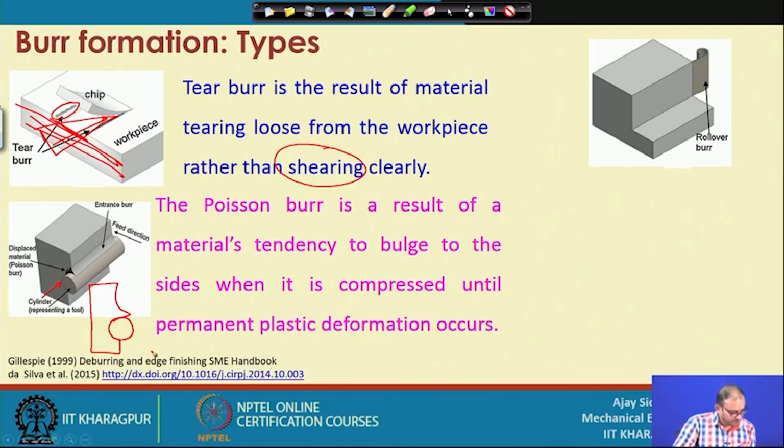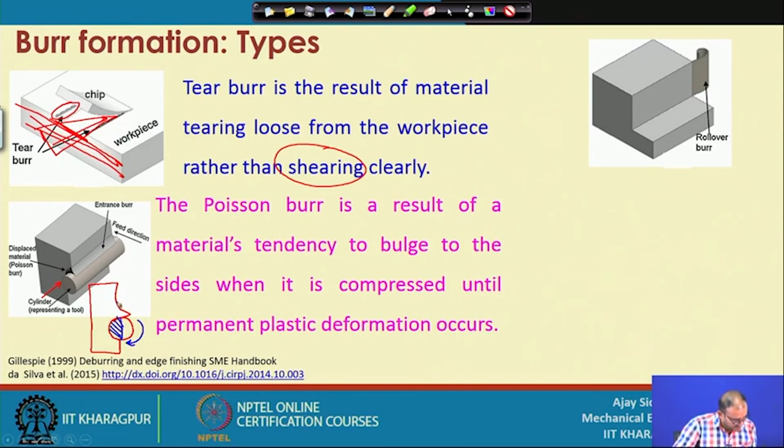Now, whatever material there is, because when you are pressing this tool inside, this is the amount of material that is displaced. Rotation is in this direction, correct. When you are pushing this particular tool into this material, this amount of material will try to displace at some location.